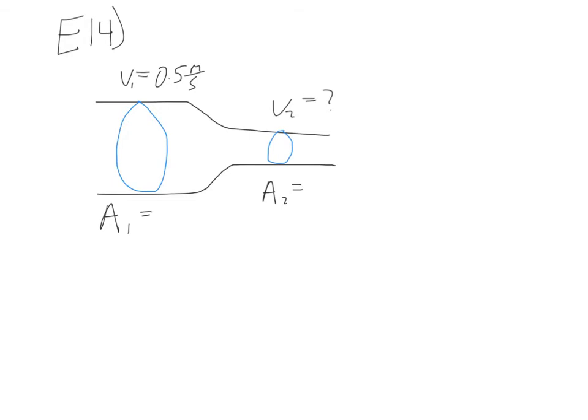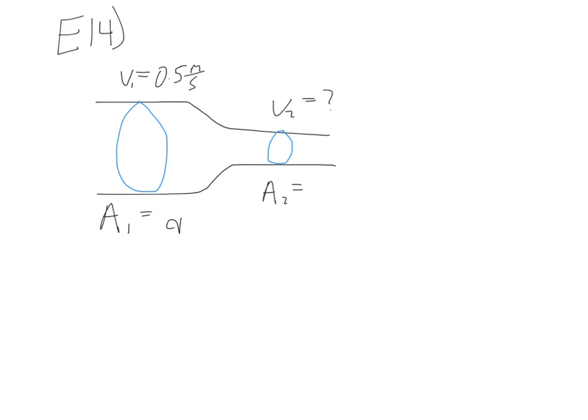Exercise 14 deals with Bernoulli's principle, where we have a stream moving with a speed of 0.5 meters per second. And the area of that stream, at this point, let's just call that area A, lowercase a there.